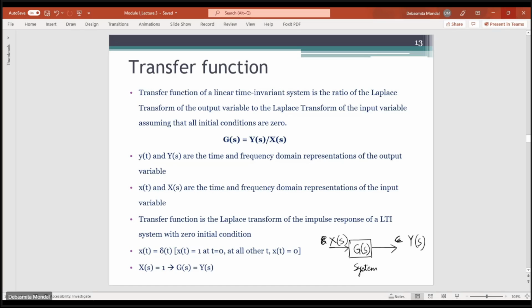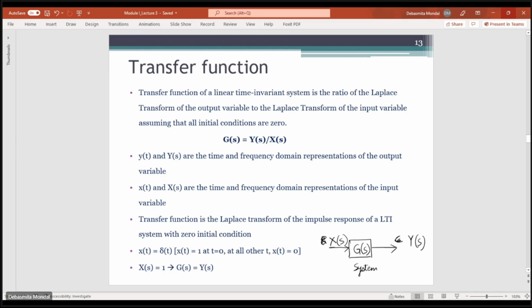And if you take the Laplace transform of an impulse function, it gives X(s) equals 1. So now if X(s) is equal to 1, then G(s) will be equal to Y(s). So if you give an impulse input to a linear time invariant system, then the output of the system is equal to the transfer function of the system.